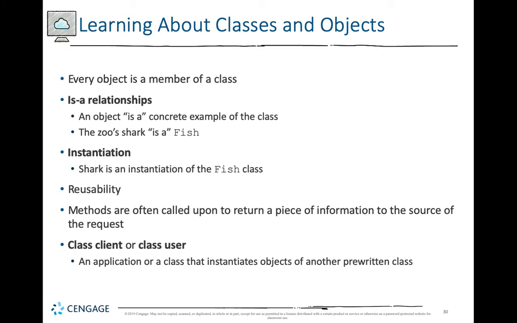All right, so the class client or the class user, an application or a class that instantiates an object of another pre-written class. So this is straight out of the textbook. A class client is an application or a class that instantiates an object from another pre-written class, or a class user. All right.